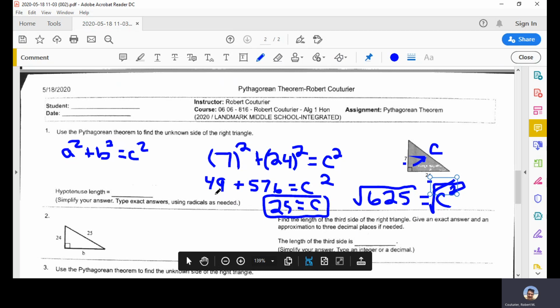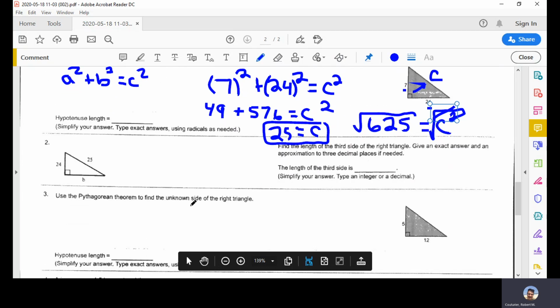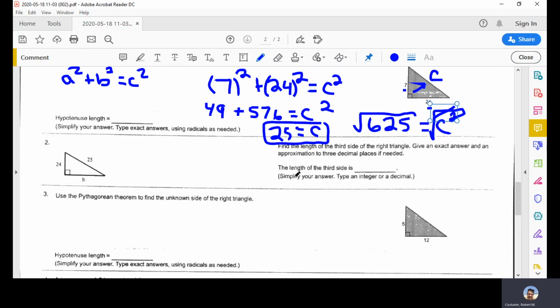All right, let's look at the next one. The next one is very different, not so much different, but they're asking us to solve for a different piece. Okay, it says find the length of the third side of the right triangle. Give the exact answer and an approximation to 3 decimal places if needed. Okay, so we need to set this up. We have a squared plus b squared equals c squared.